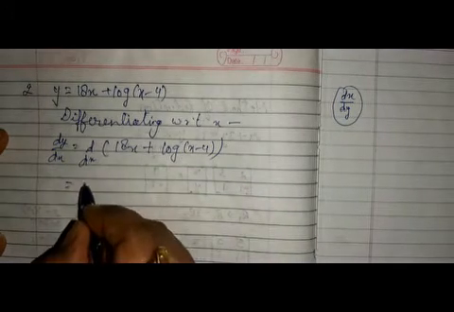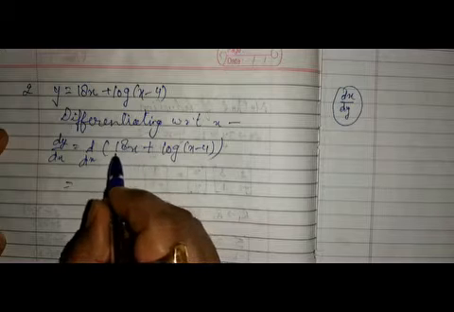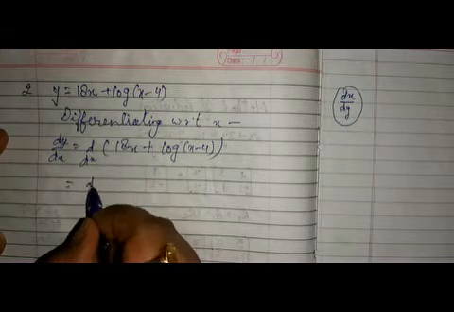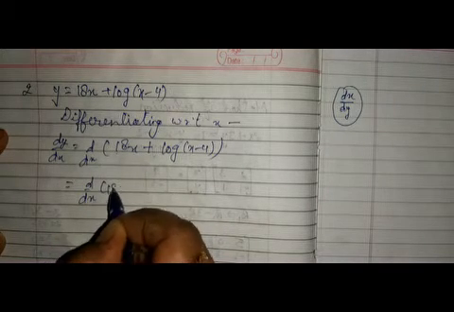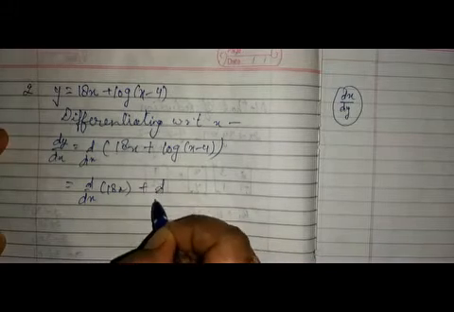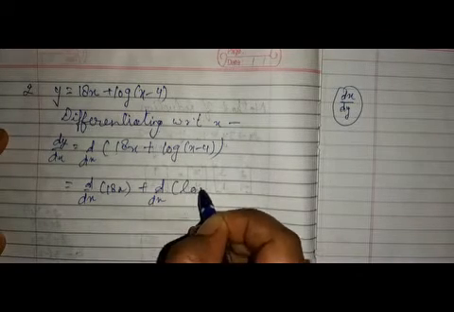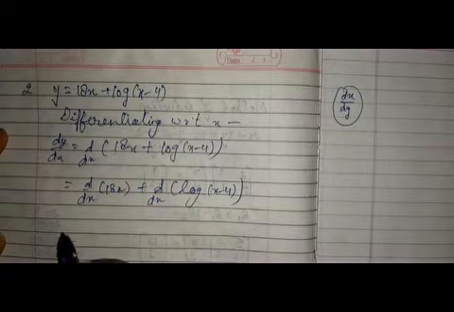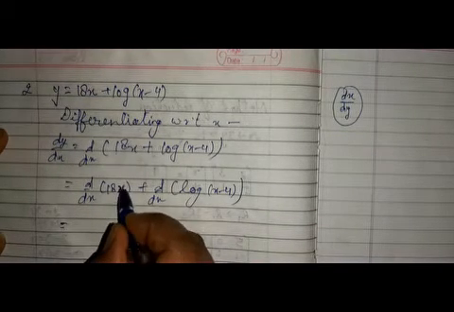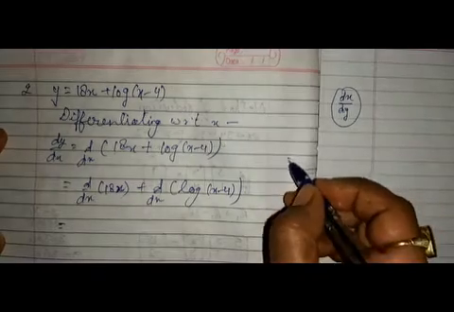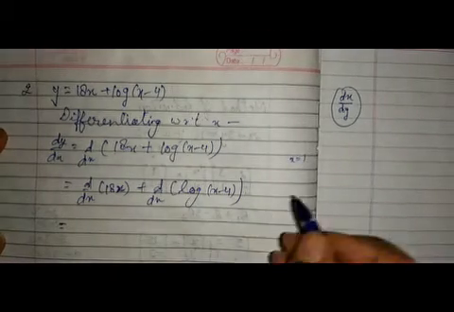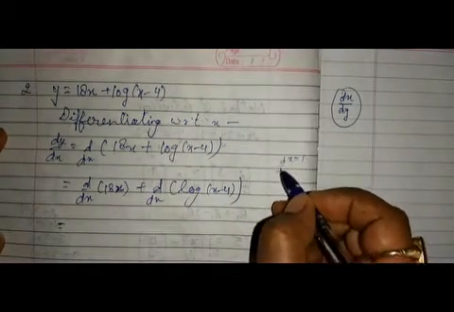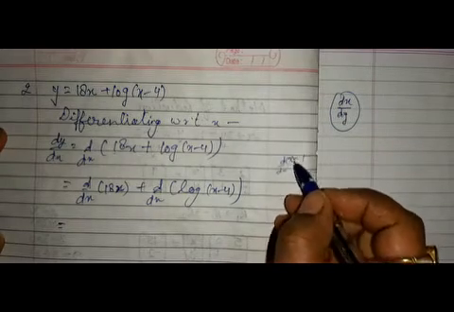Now separating the derivative of 18x, d by dx of 18x plus d by dx of log of x minus 4. Okay, since here x is given, the derivative of x is 1, d by dx of x is 1.